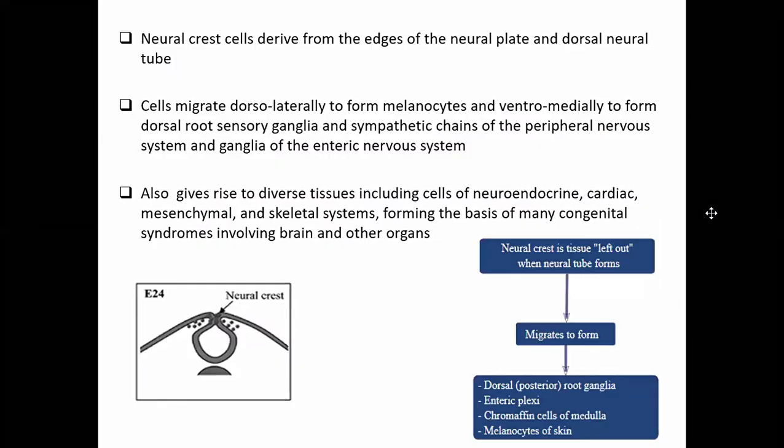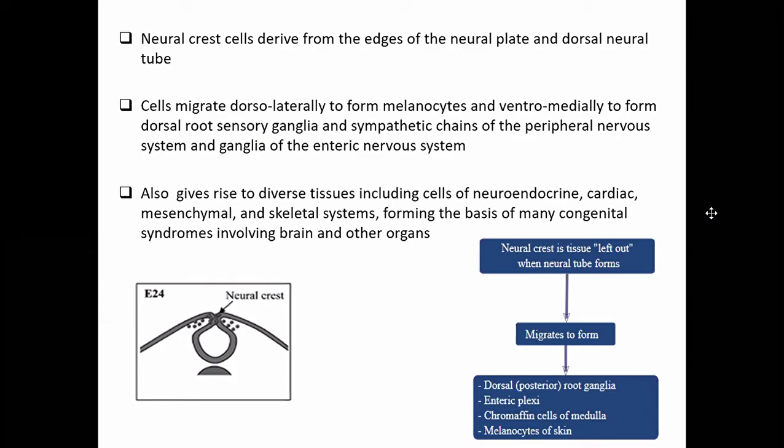So these cells migrate laterally and become also melanocytes. So you can see that melanocytes come from the cells of your nervous system. And it also becomes the dorsal root sensory ganglia and sympathetic chains.